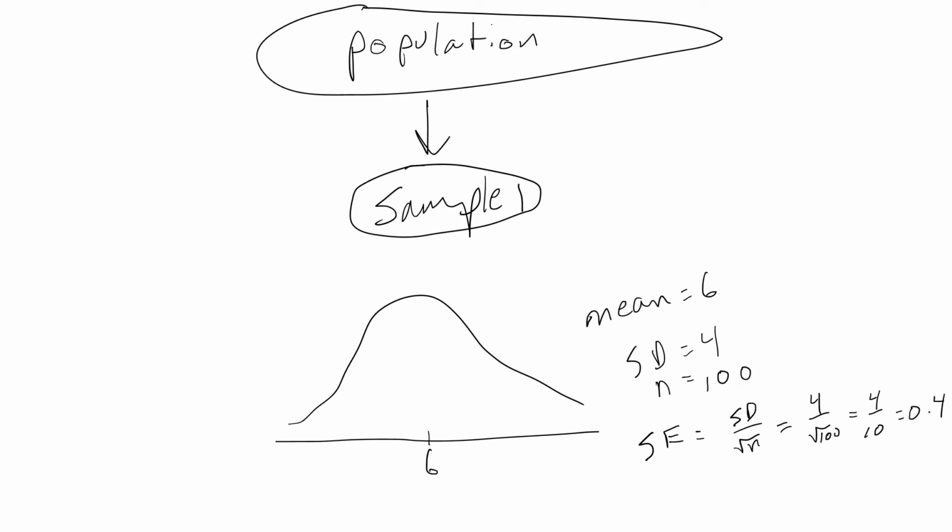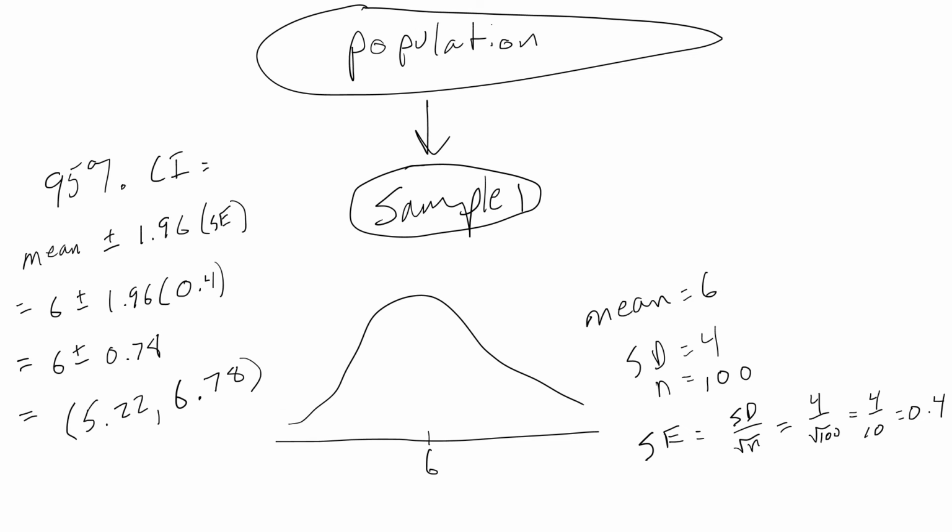In this case, we divide 4 by the square root of 100 to get 0.4. To calculate our 95% confidence interval, we then take our mean and add or subtract approximately 2 standard errors. So in this case, we get a 95% confidence interval of 5.22 to 6.88.